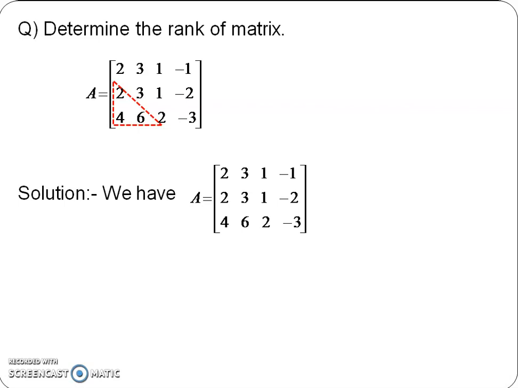Now we have the matrix A. We have to convert these two elements to 0 with the help of R1, and we have to convert this 6 to 0 with the help of R2. So for that we have to perform the operation on R2 and R3.